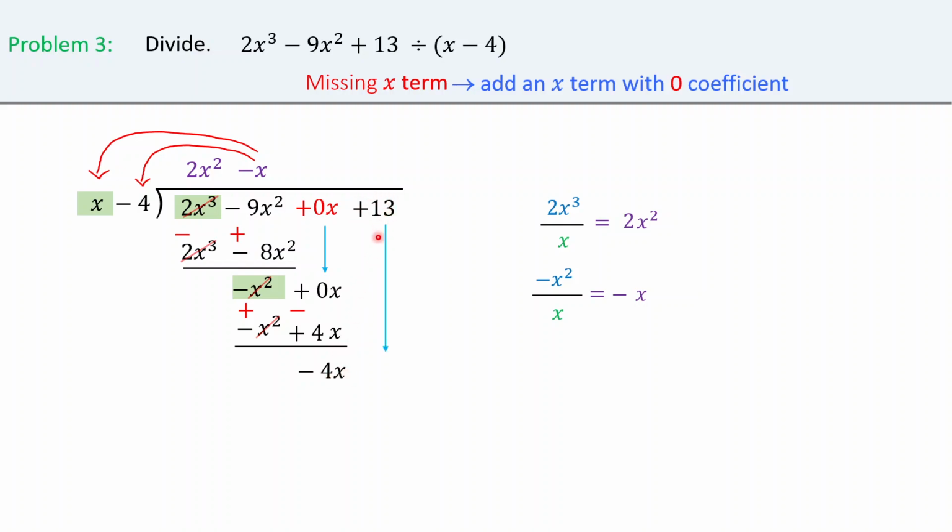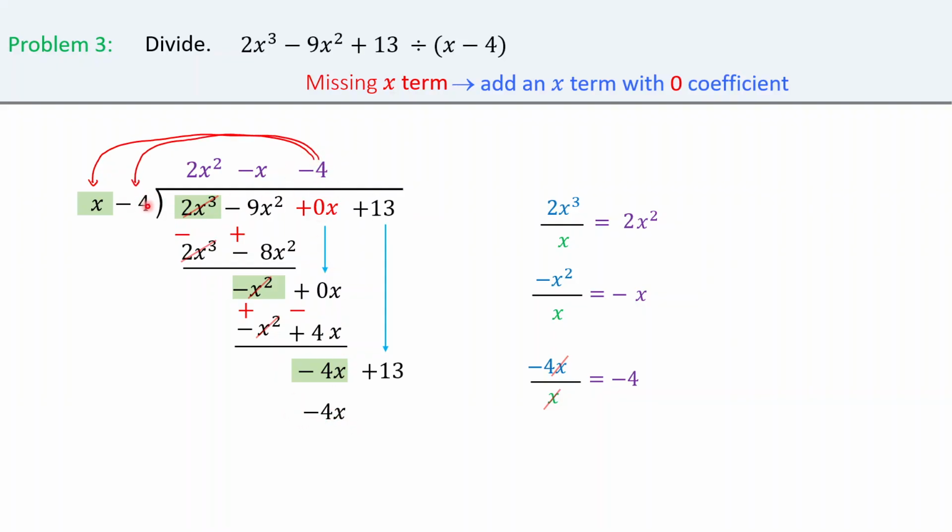Now bring this down. Now take this first term divided by x. x cancels out, and it is equal to negative 4. Now add this here. Next multiply negative 4 and x. You get negative 4x. And multiply negative 4 and negative 4.